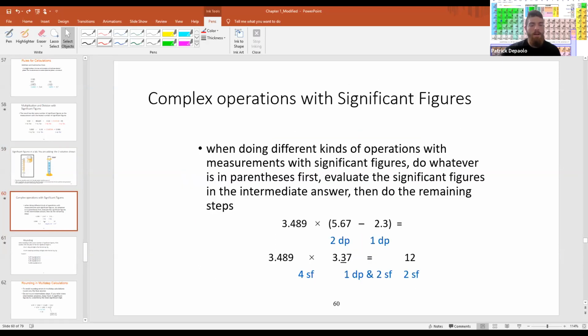All right, so complex operations, you're doing it the same exact way as the individual operations, but using PEMDAS. So the order of operations. In this case, we have a parentheses right here, and subtraction with 2 decimal places, 1 decimal place. That means our answer would be, wait, this might be wrong.